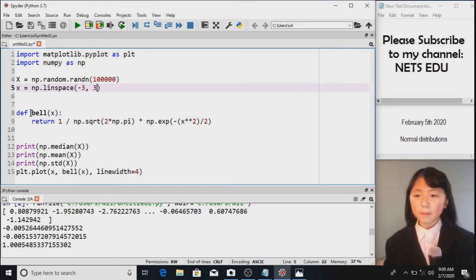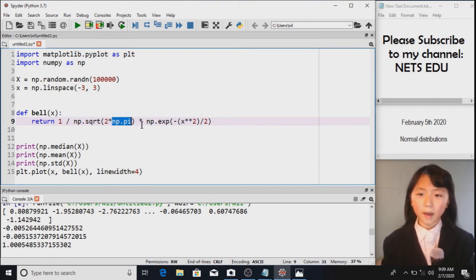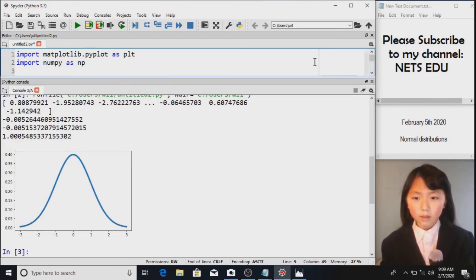Here I define my bell function. The function of a bell curve is 1 divided by the square root of 2 pi times the exponent of negative x squared divided by 2. And for a normal distribution, the area under this curve has to equal 1.